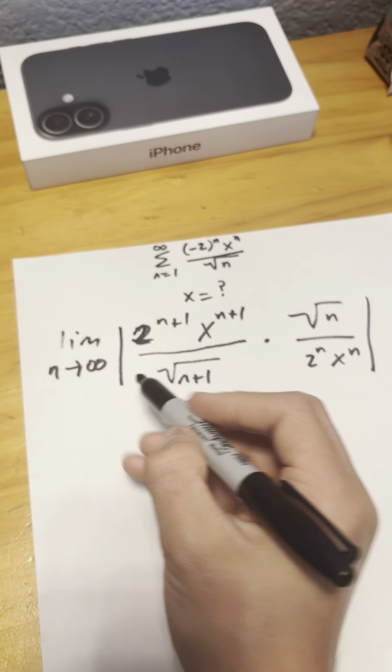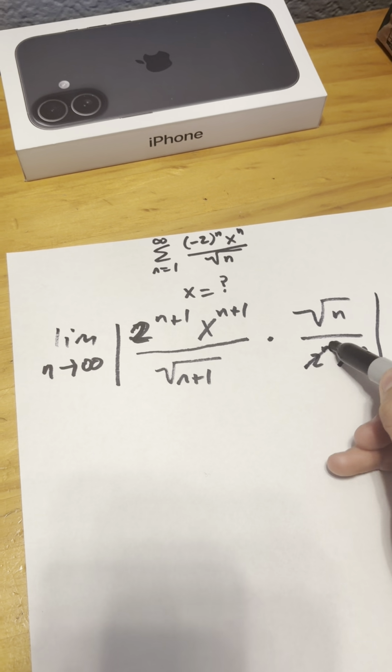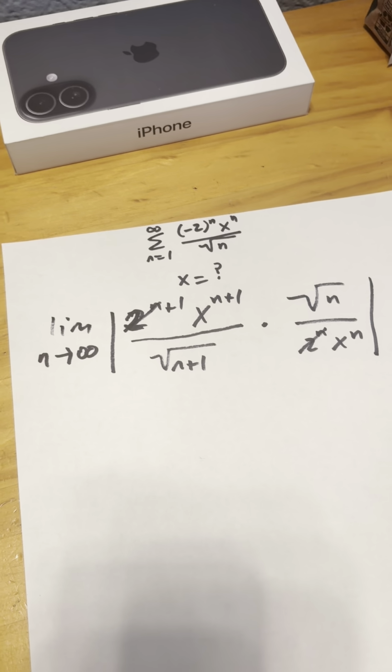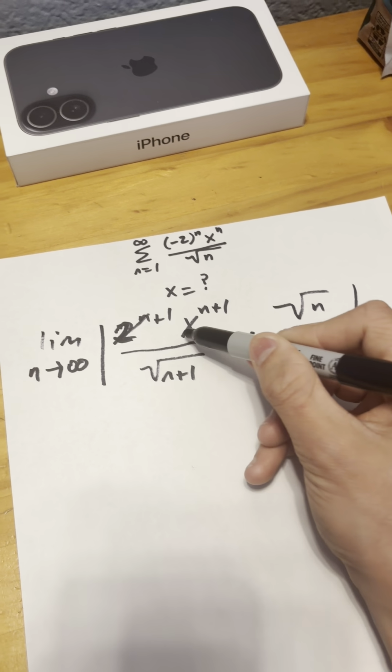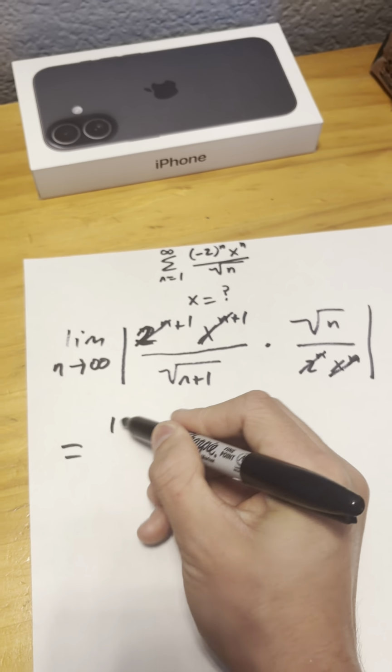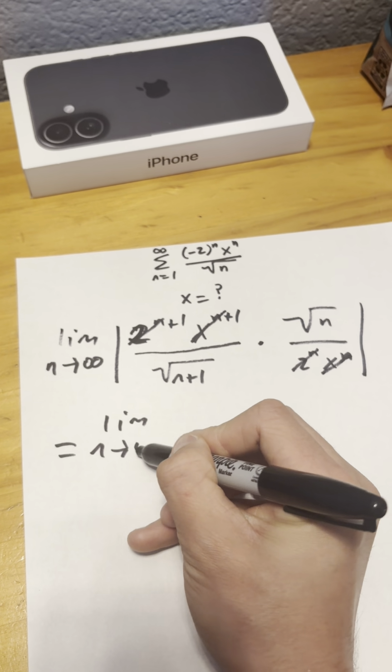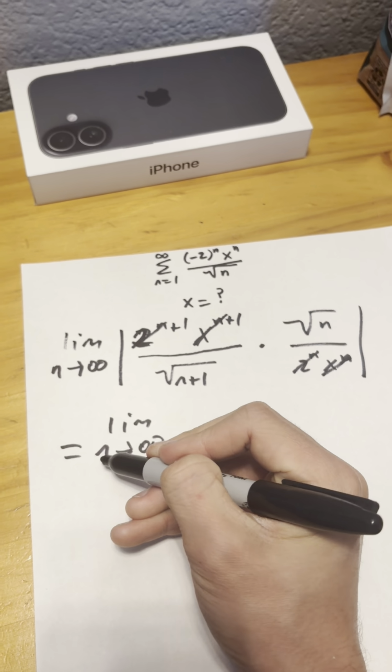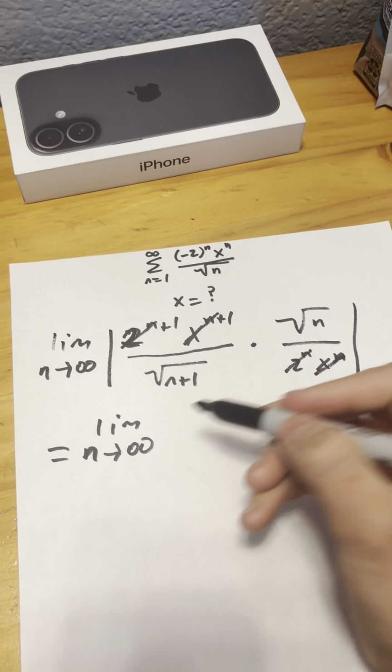Okay, and canceling: 2n, 2n, xn, xn. I think that's it. These are n's, by the way.